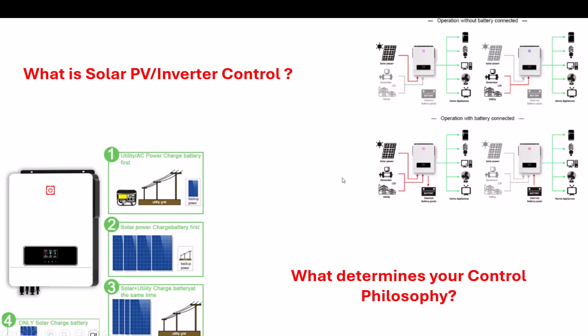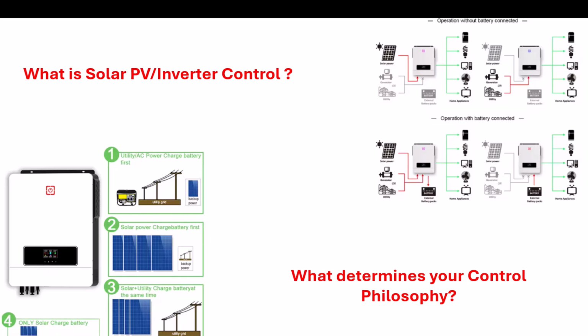So how you control the different aspects of your inverter or your solar PV system to stay within the boundaries of optimum operation basically gives you your solar PV inverter control.